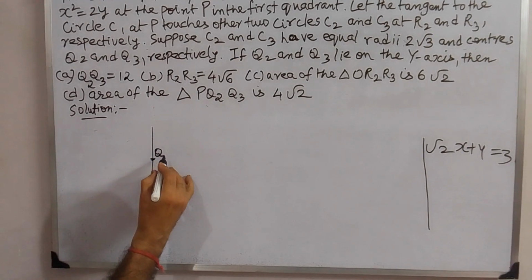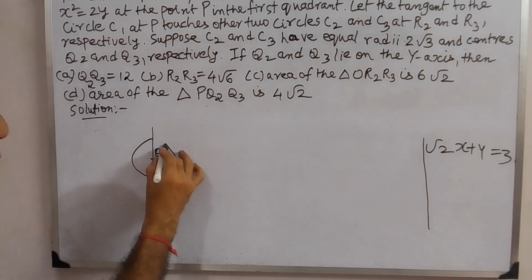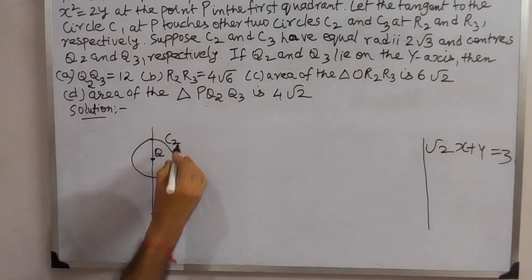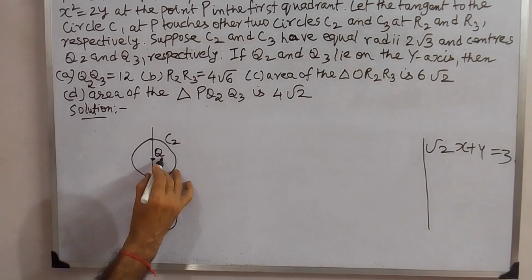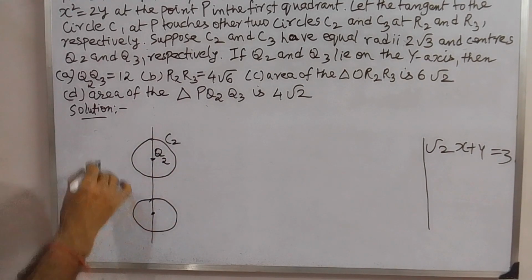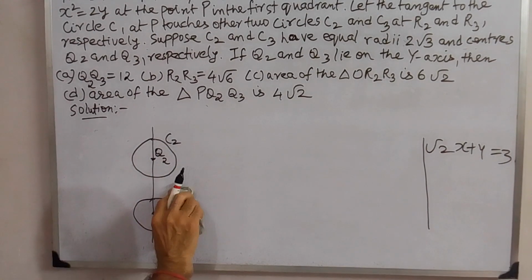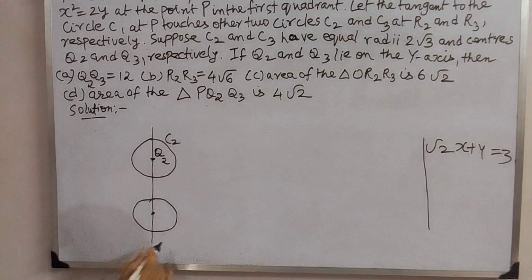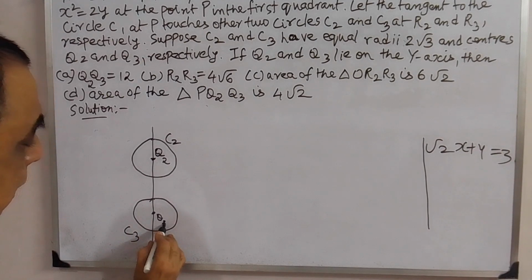So this is, suppose, Q2, the center of this circle C2, and this is suppose the circle C3, and its center is given to be Q3.